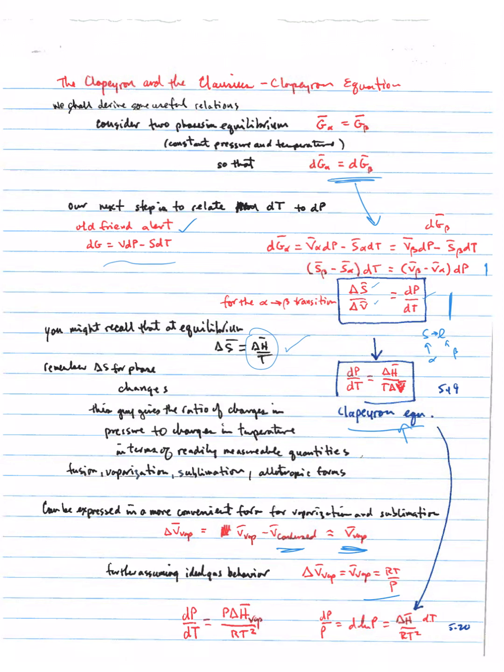And assuming ideal gas behavior, you get this version down here, dP over P. There is a rearrangement here with the P from here and the dT there. So that's how we got this version, this 5.20 version. All right, now this is what's called the Clausius-Clapeyron equation.